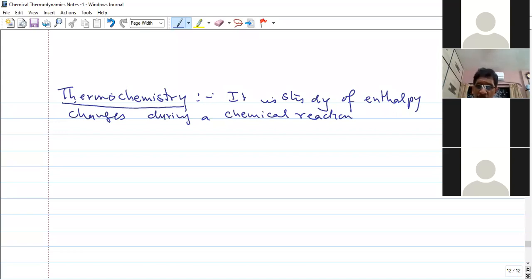So amount of heat absorbed or evolved during a chemical reaction is called as heat of reaction or enthalpy of chemical reaction. Okay? So enthalpy of chemical reaction पहले हम देखते हैं.